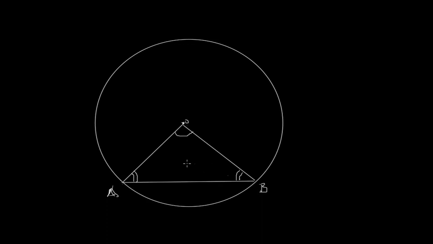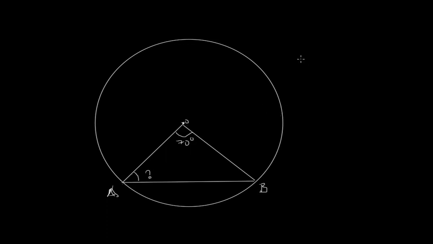Okay. So let's assume that we've been told angle O is equal to 70 degrees. And I ask you to find angle A. Find angle A, and put a question mark. So how do we find angle A?